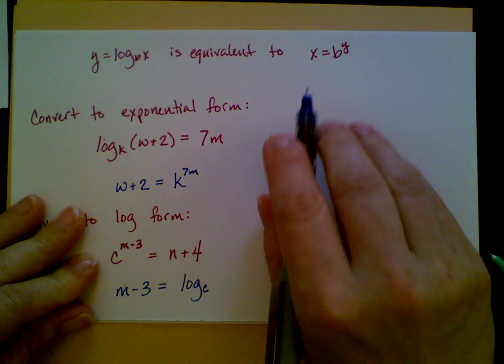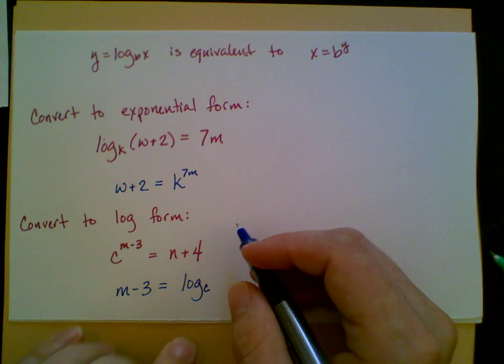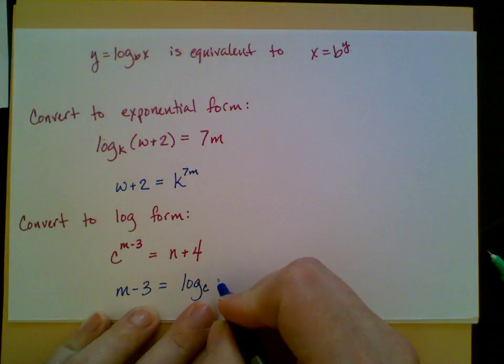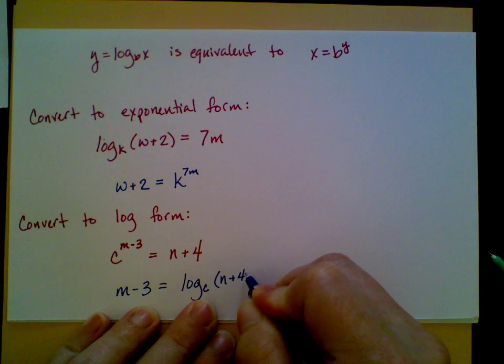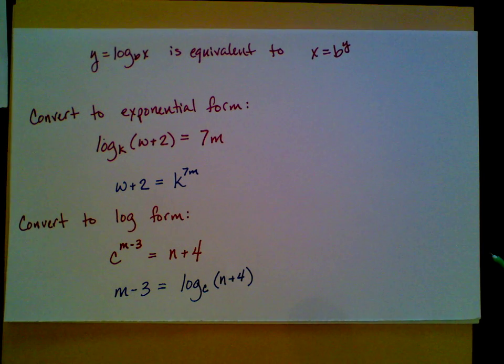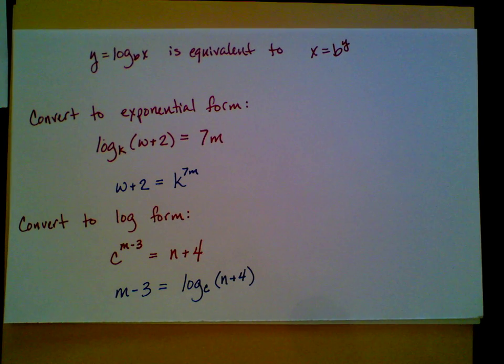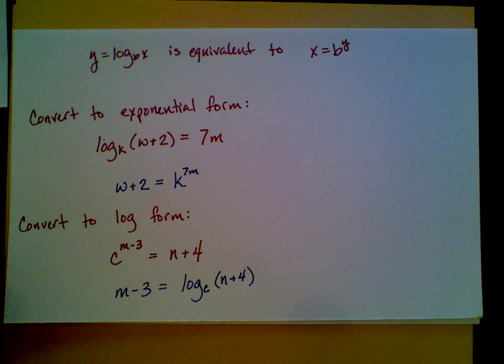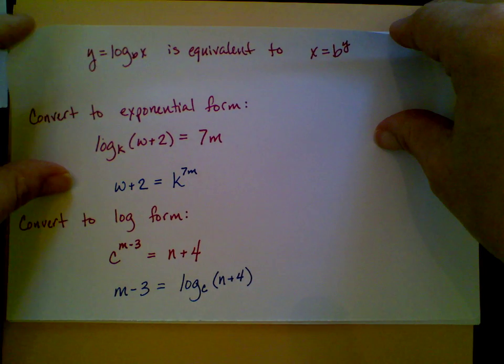And the x is on the one side by itself in exponential form, and that becomes the input of my log. So that's the n plus 4. So m minus 3 equals log base c of n plus 4. And that is in log form. And that's all I need to do for those. That's just an exercise in converting back and forth. You definitely need to be conversant in that.